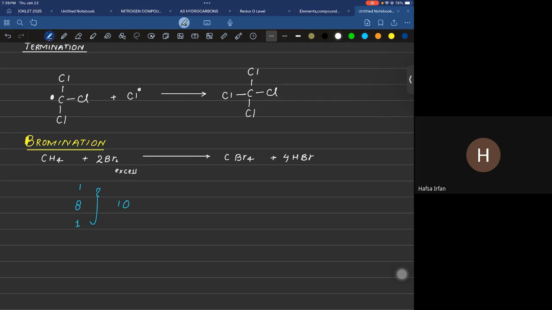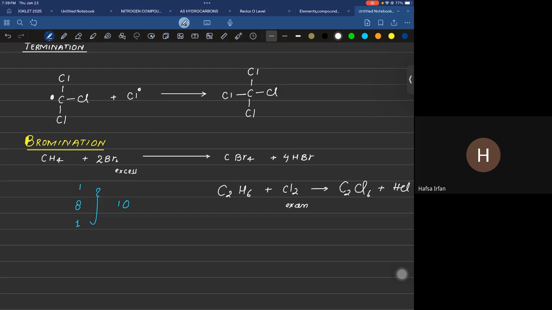But if I give you ethane, which reacts with chlorine, and I say that it is in excess, then all of the hydrogens are substituted by chlorine, leaving behind HCl.